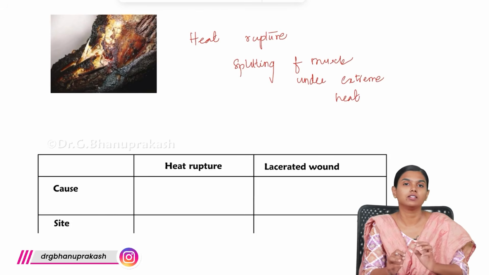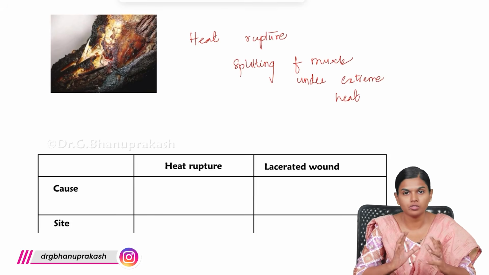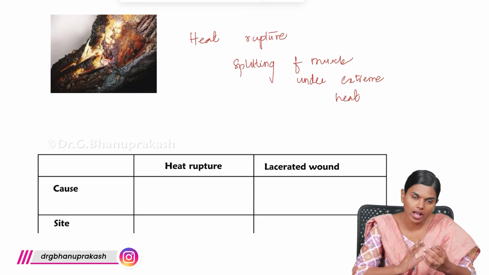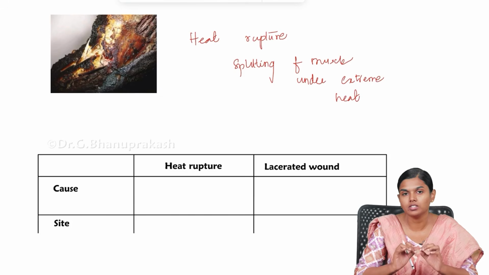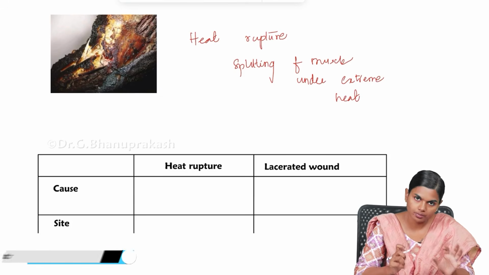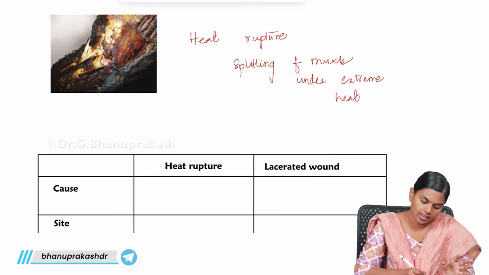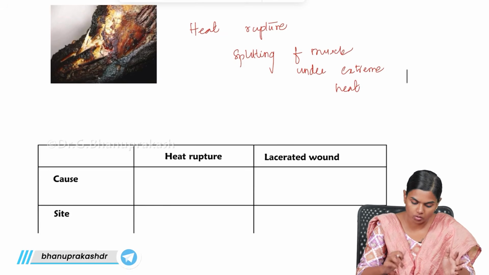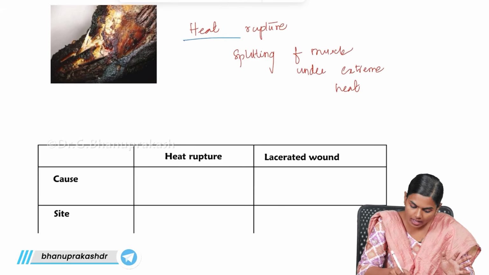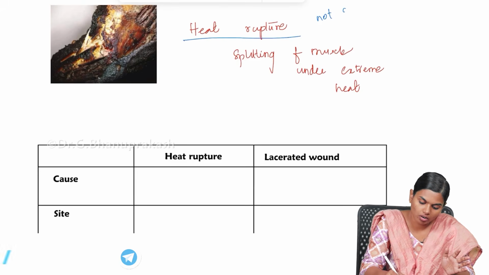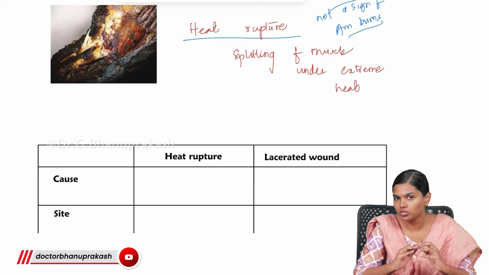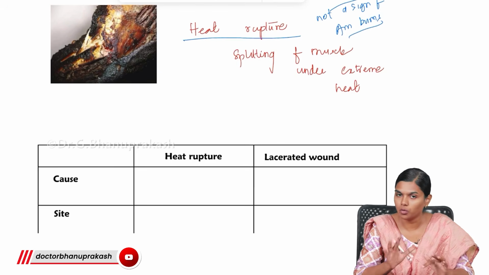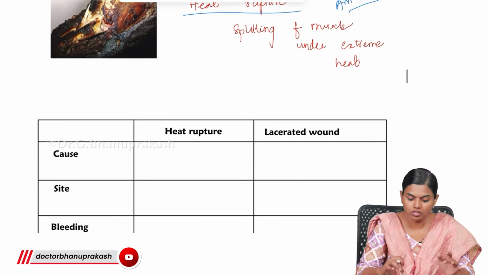So, when there is extreme heat, the skin will melt and the interior muscle will start to split. When it splits, you will get to see this clear area surrounded by this charred area. So, once again, this is an artifact and this is also not a sign of antemortem burns, meaning it cannot be used to differentiate antemortem or postmortem burns. Clear? So, this is heat rupture.